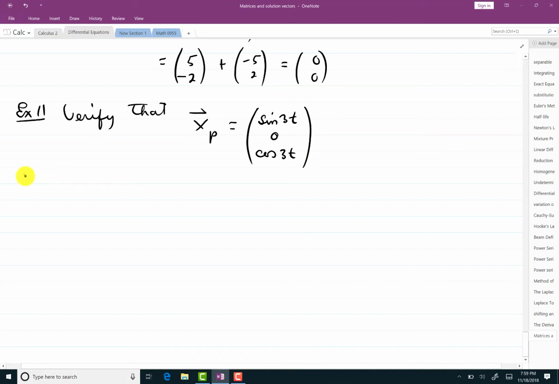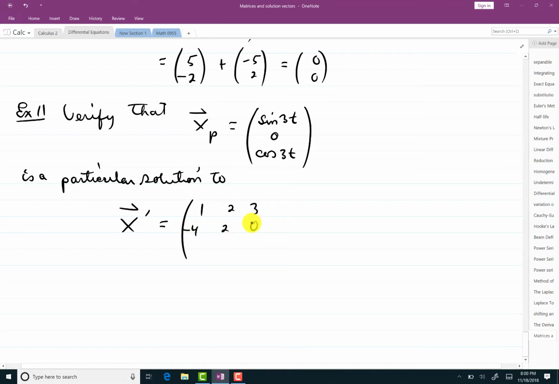Verify that is a particular solution to x arrow prime equals 1, 2, 3, negative 4, 2, 0, negative 6, 1, 0, x arrow plus negative 1, 4, 3.